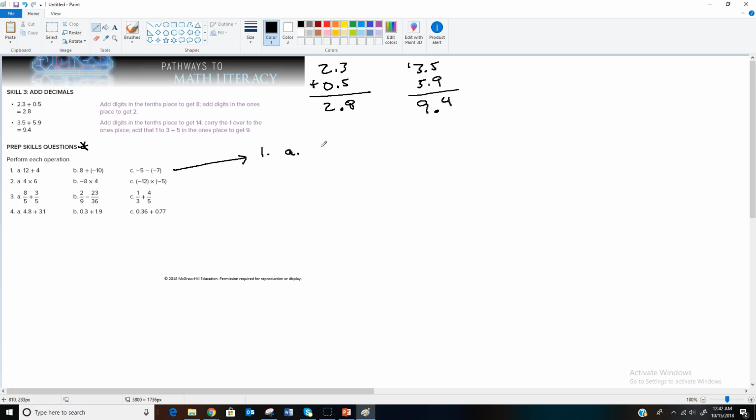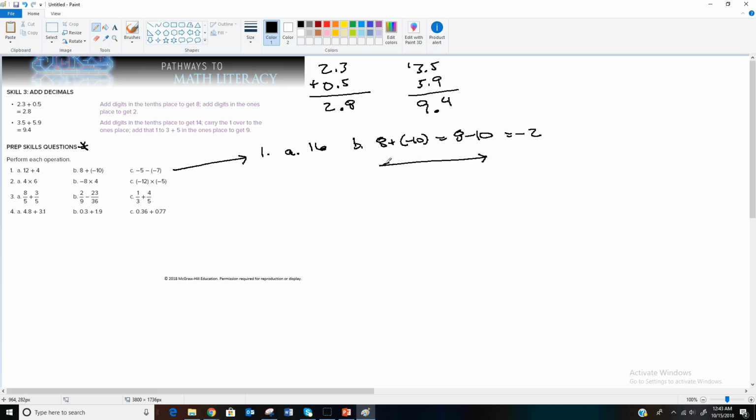And first we have just 12 plus 4, which of course is 16. Hopefully they didn't trick you into thinking that was something more complicated. Next we have 8 plus -10, which would be 8 minus 10. So you're taking away more than you started with. If you start at 8 and you go down by 10, taking away 8 would get you to 0, and you're taking away 2 more than that, so you're down to -2.